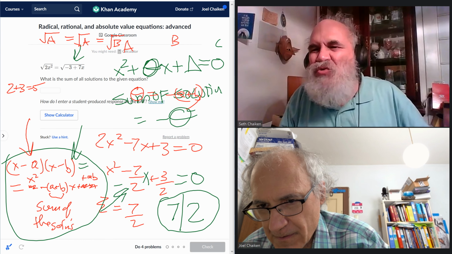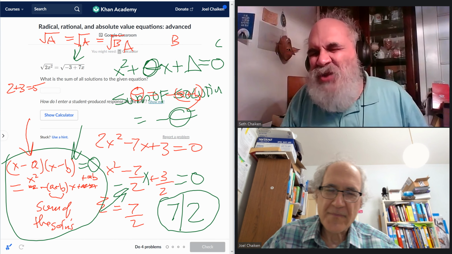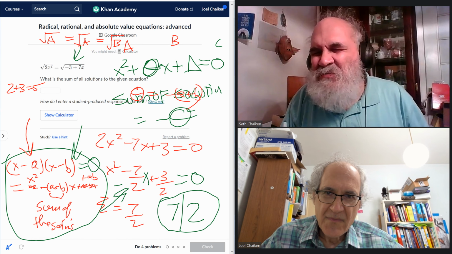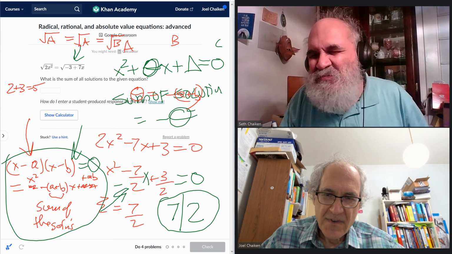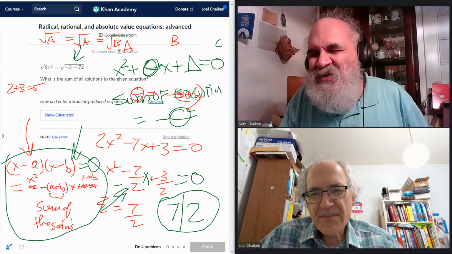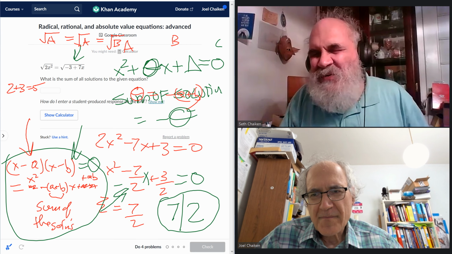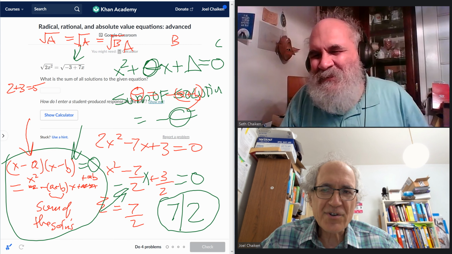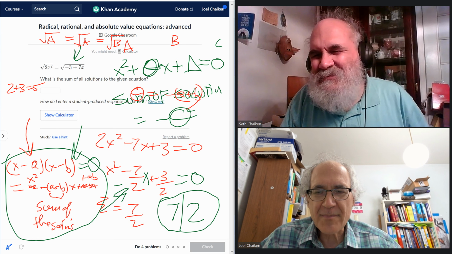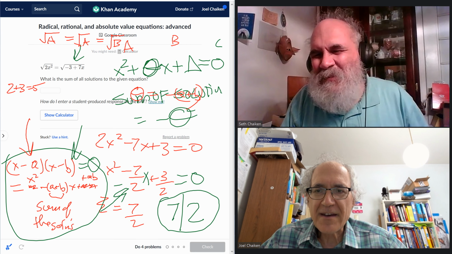It's better to know that cold than to know that the sum of the solutions is minus the x coefficient and the product is the same sign constant coefficient. That's always true. A and B could be anything they want. They could be radicals, they could be complex. There's no limit to what A and B can be.